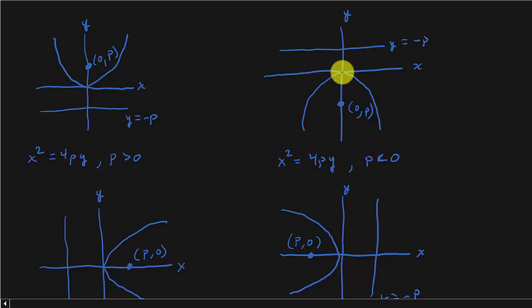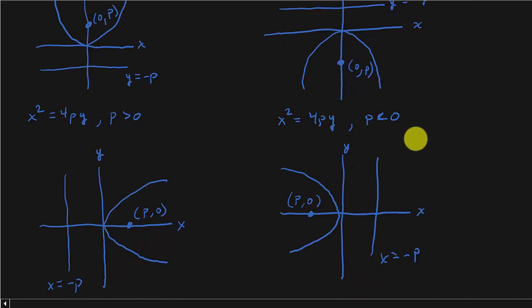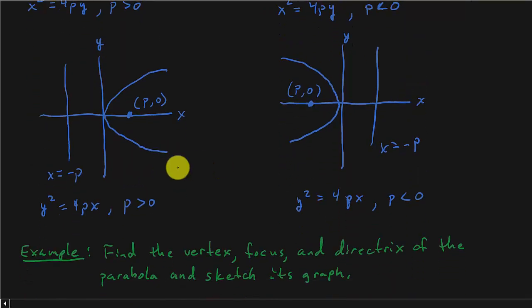You can see the focus is inside the parabola. There's your focus, and the directrix is here or here, depending on whether it opens up or down. And then here's the parabola that opens left or right. It's y squared equals 4px. If it opens to the right, p is positive.